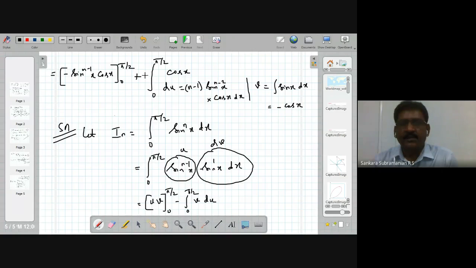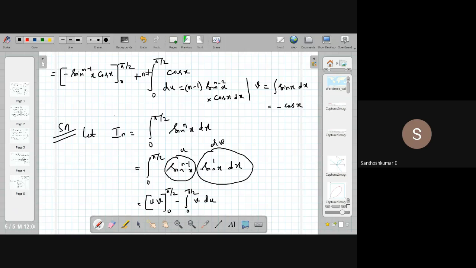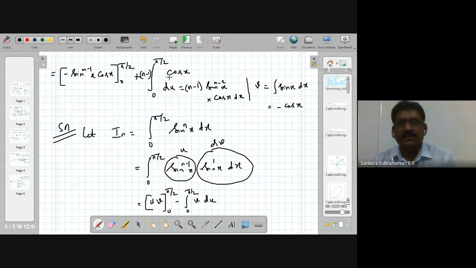And in du you have n minus 1, put it as a constant outside the integration. And you have again one cos x, so it becomes cos square x, and this is sin to the power n minus 2 x dx.